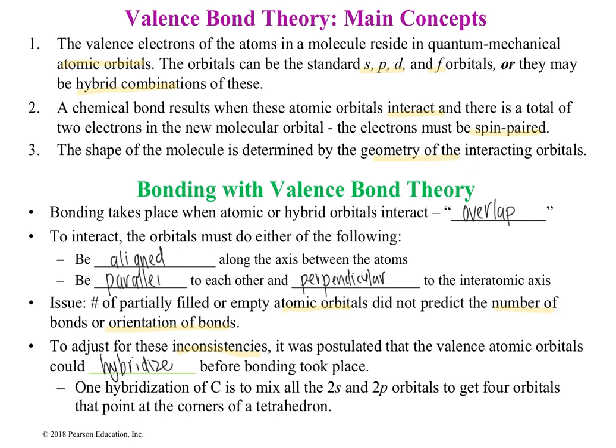So our s, p, d, and f orbitals, we're going to mix them together and get new equivalent orbitals out. If I mix the 2s and three of the 2p orbitals for carbon, I'm going to get four orbitals out. Those four orbitals would come together and form a tetrahedron, like what we see that carbon tends to do.